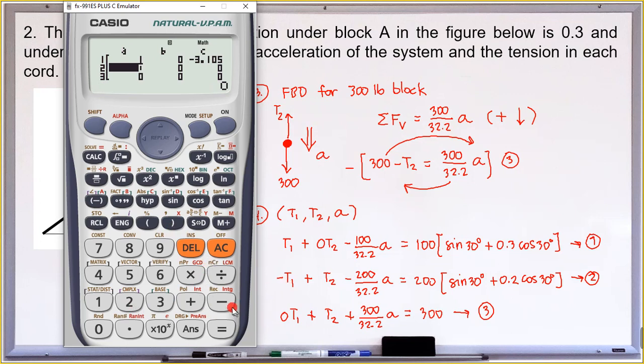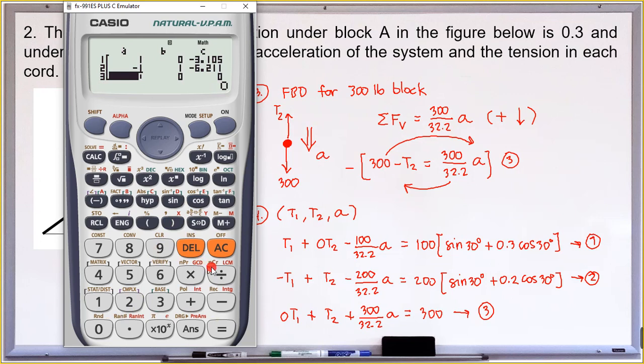In the second equation, we have negative 1 for T1, T2 is positive 1, then acceleration negative 200 divided by 32.2. For the constant, we have 200 times sine 30 plus 0.2 cosine 30.